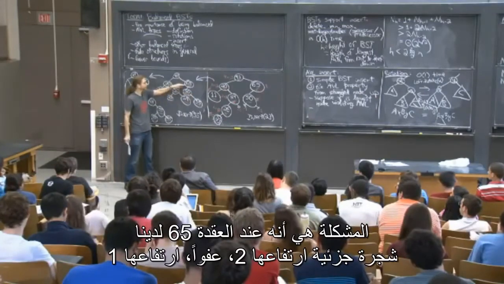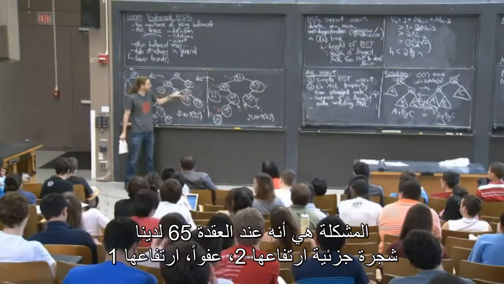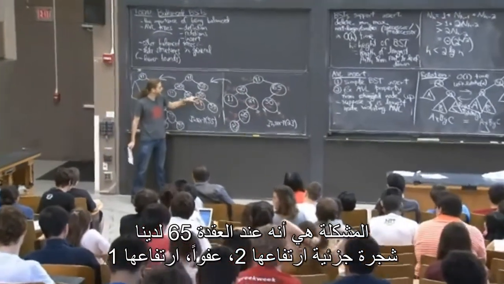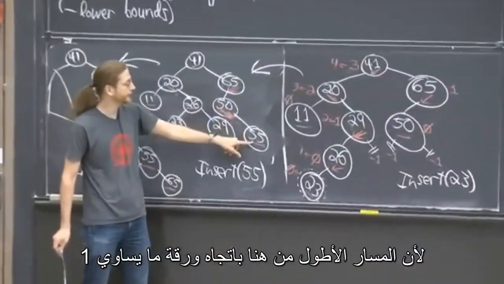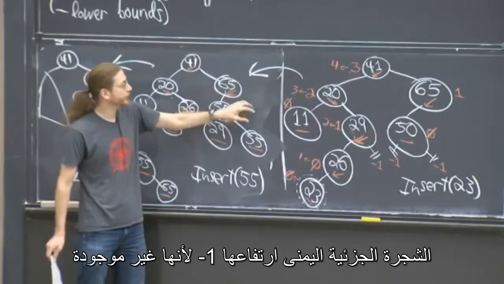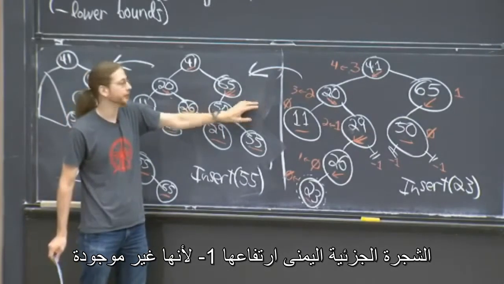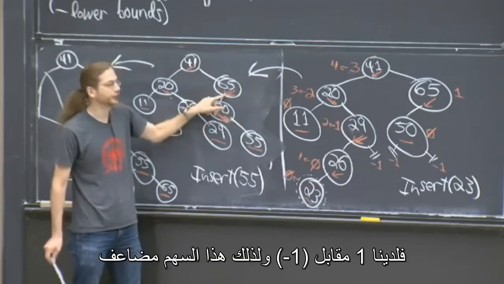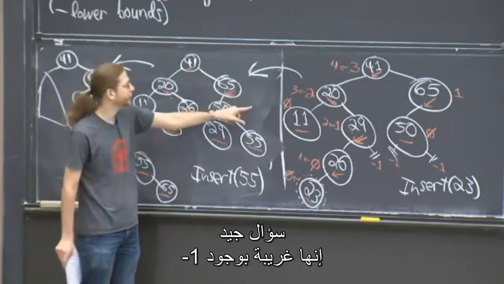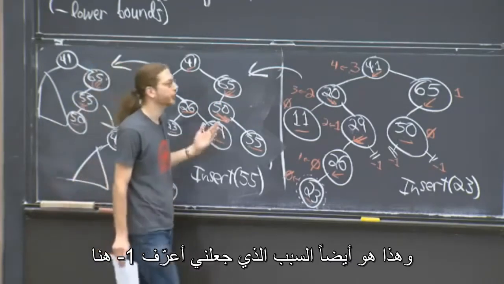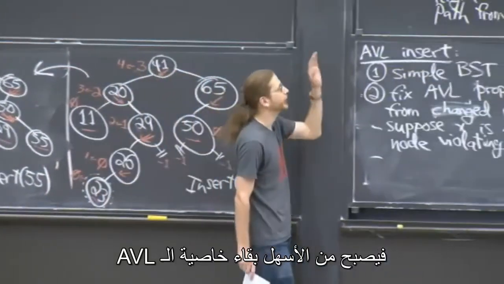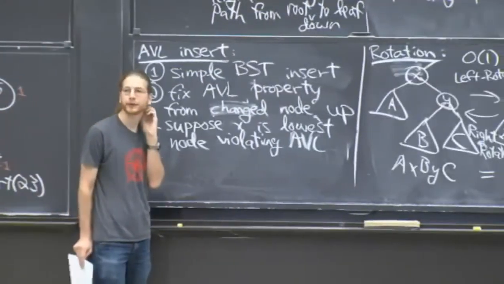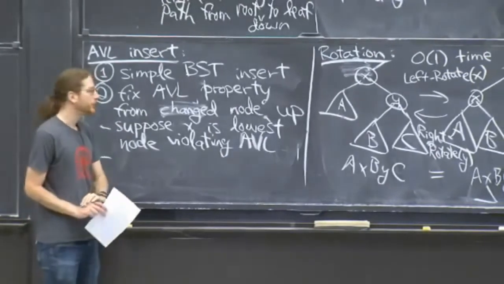So the trouble is at 65: you have a left subtree which has height 1, because the longest path from here to a leaf is 1. The right subtree has height -1 because it doesn't exist. So it's 1 versus -1, so that's why there's a double arrow. Good to ask. It's weird with the -1s. That's also why I wanted to define those -1s to be there, so the AVL property is easier to state. Other questions? All right.